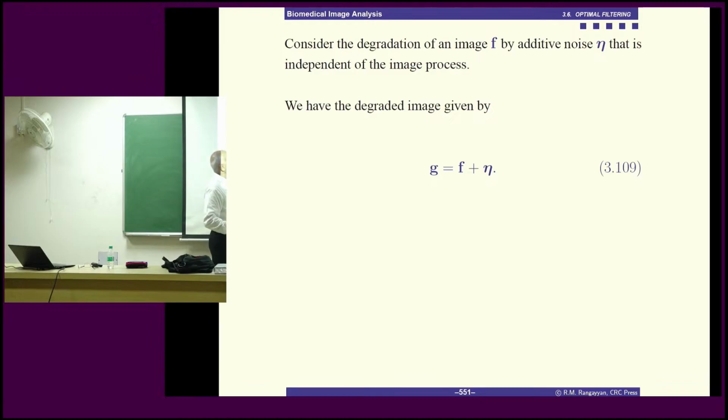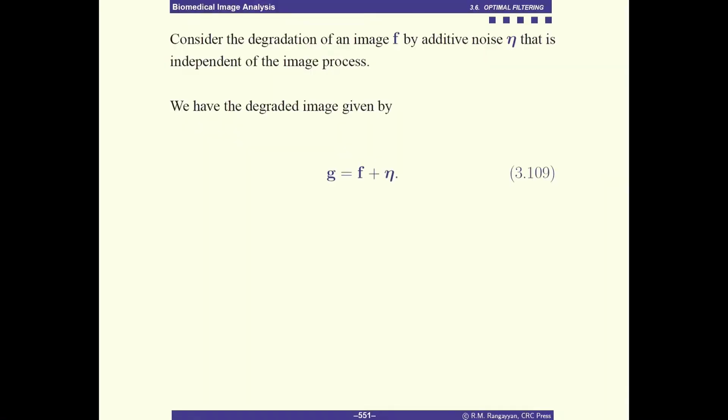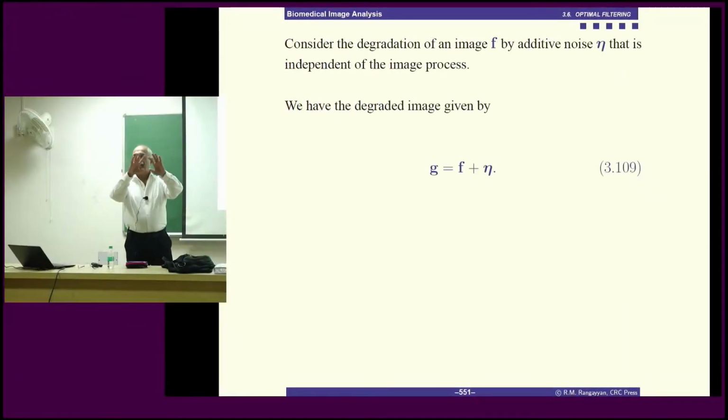There is another representation with G equal to HF plus eta. H is an impulse response that is blurring the image, and then noise is added. Typically, when you acquire an image, there will be some blurring. My camera is not focused, there is some turbulence, and something is happening, so there will be some blurring. And then noise gets added due to all these instrumentation and the ambience.